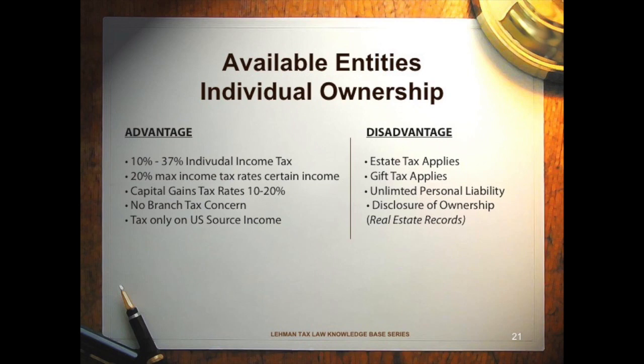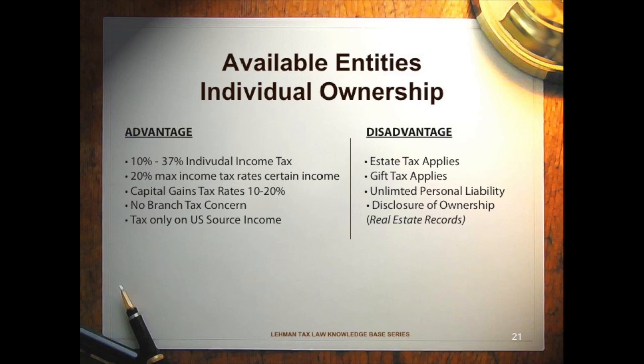The disadvantages, though, I believe outweigh the advantages. Number one, an individual who invests here is going to be subject to that horrendous estate tax, where if you have U.S. situs assets that are very valuable, you'll be able to only subtract $60,000 before you start paying a large estate tax on those assets.